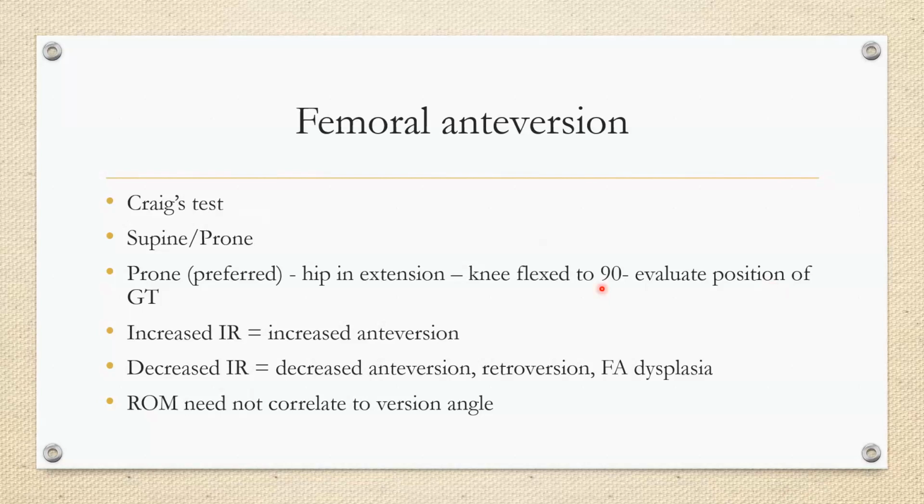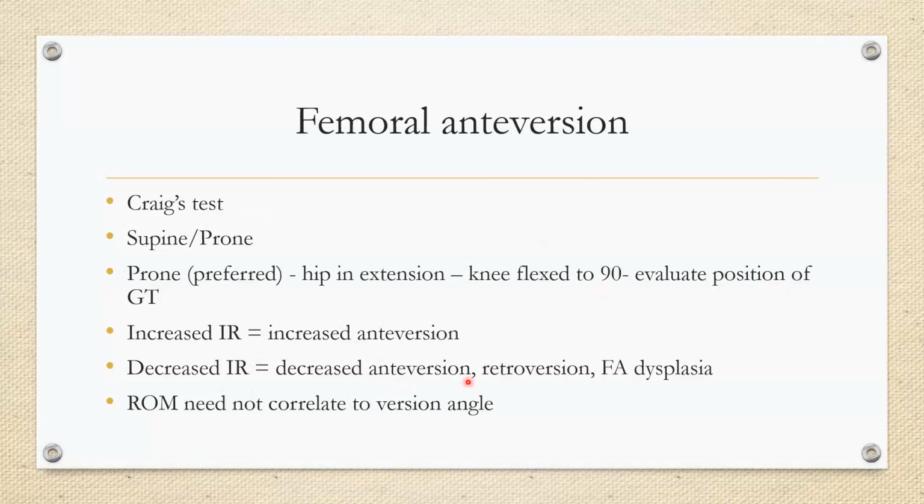I look for the position of the greater trochanter, which gives a measure of the version of the hip. A person with increased internal rotation will have increased anteversion. Decreased internal rotation can lead to decreased anteversion or retroversion, or any other dysplasia in the femoroacetabular joint.